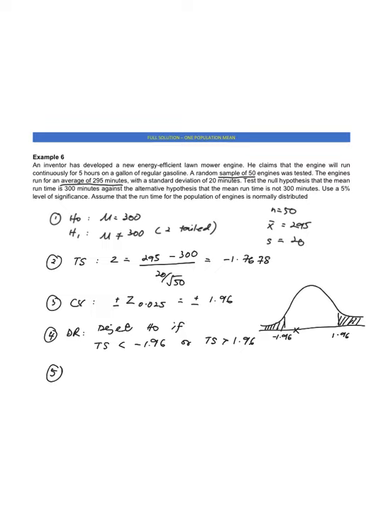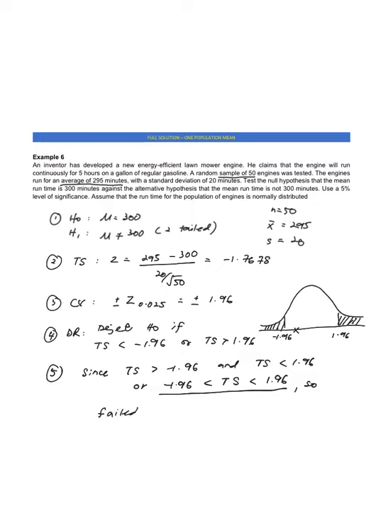So what can we say? Since the test statistic is greater than negative 1.96 and less than 1.96, or actually you can write it like this: since the test statistic is between negative 1.96 and 1.96, you can do it this way or write the sentence like this. Since it lies in between the critical values, we fail to reject H naught.